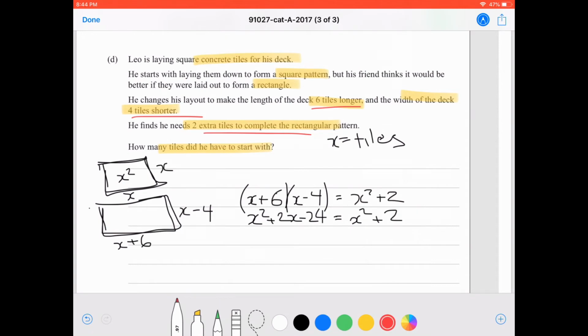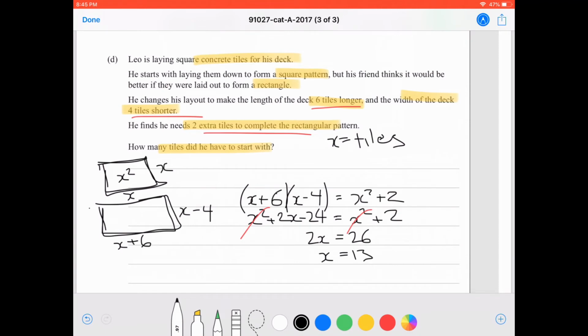Our x squareds cancel out. Rearranging for x, we can say 2x, and we'll bring the 24 to the right hand side. 2 plus 24 is 26. Okay, meaning x equals 13.